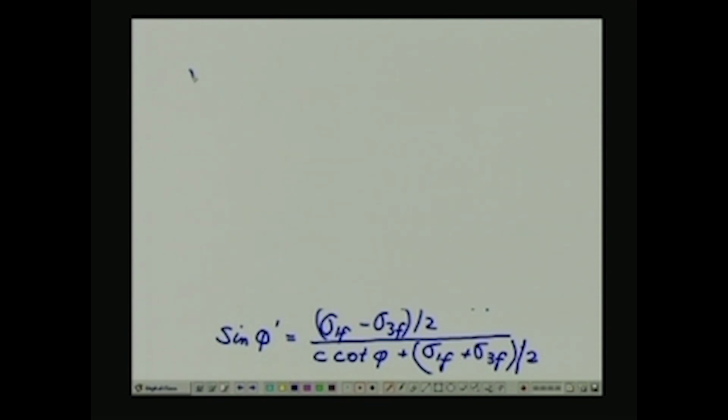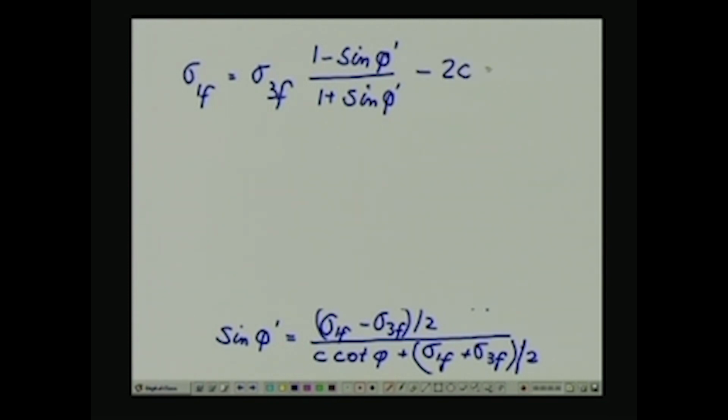Okay. So then we can collect the terms, go through the algebra, and show that sigma 1f is equal to sigma 3f multiplied by (1 minus sine of phi prime) divided by (1 plus sine of phi prime), plus 2c cosine of phi prime divided by (1 plus sine of phi prime).